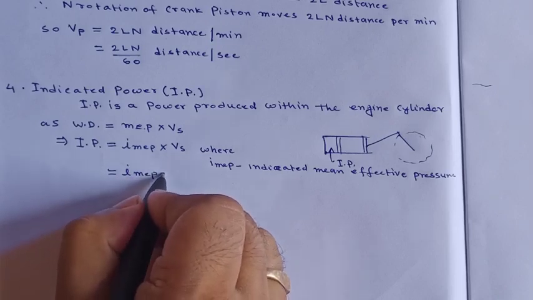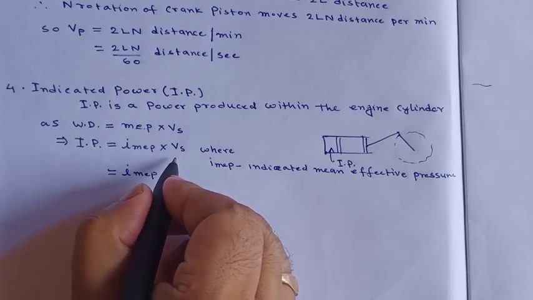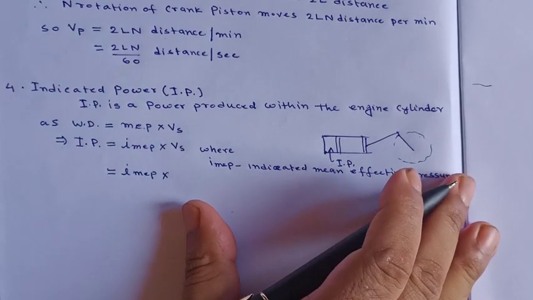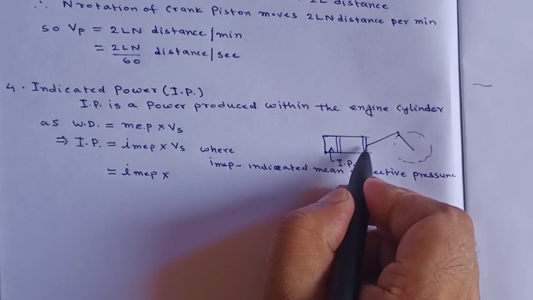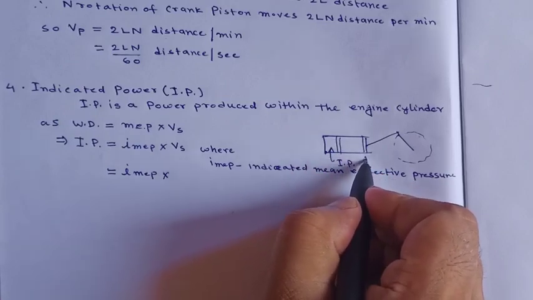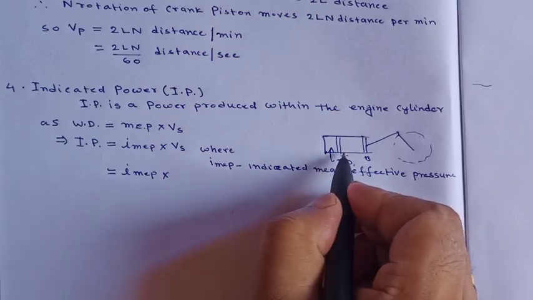So I can write this one is IMEP into swept volume. What is swept volume? Swept volume is the volume in this cylinder from BDC to TDC.